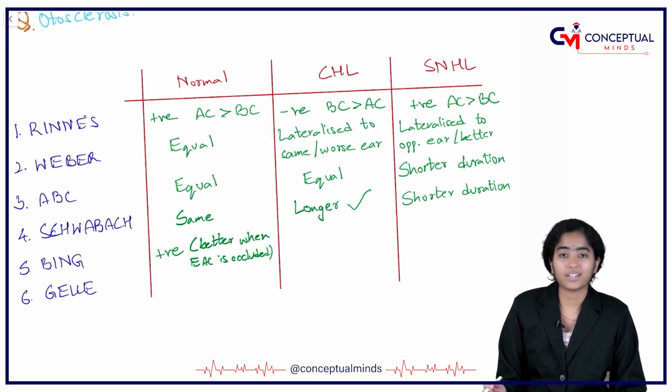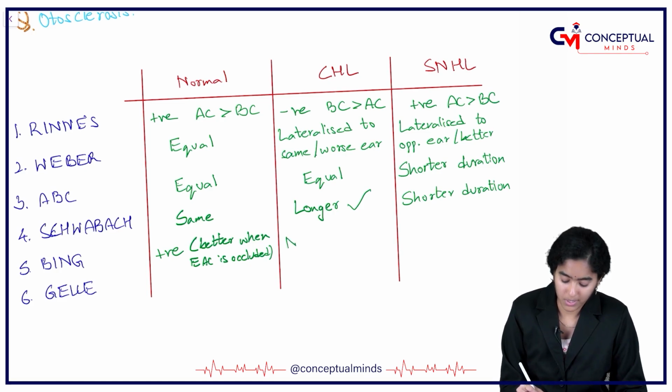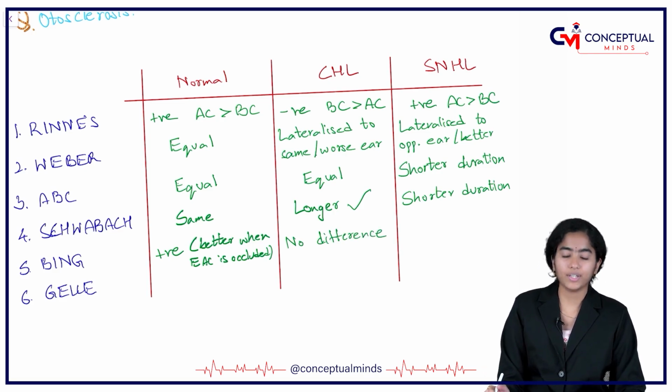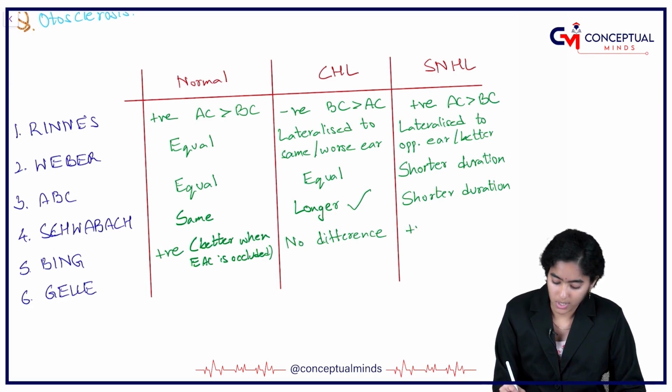In a patient with conductive hearing loss, even when the canal is occluded, there is no improvement in sound because there is conductive hearing loss as such. So this patient perceives no difference. In a patient with sensorineural hearing loss, when the external auditory canal is occluded, bone conduction becomes better. So it is positive, that is, it is better when the external auditory canal is occluded.